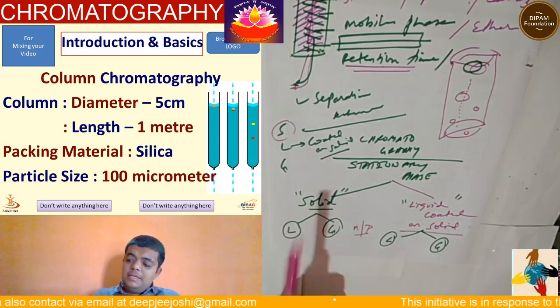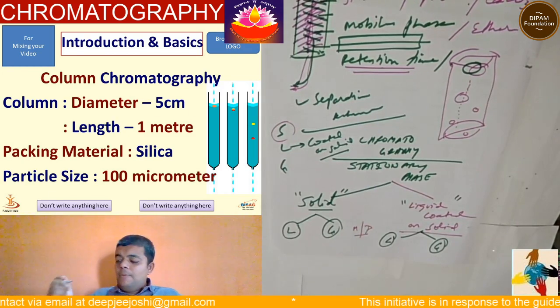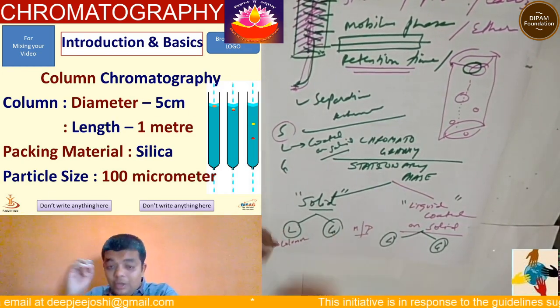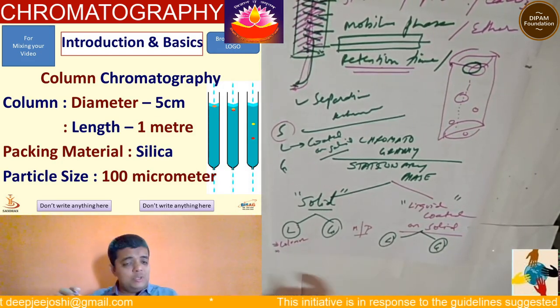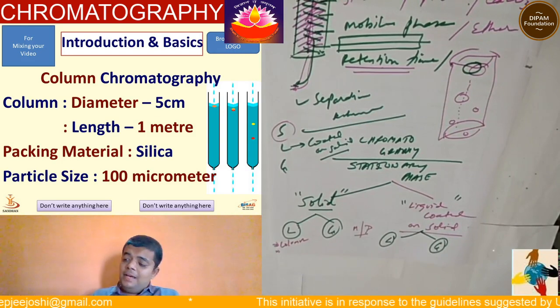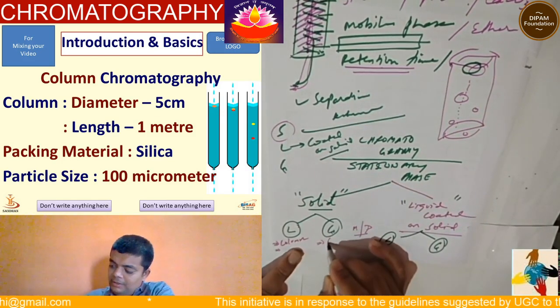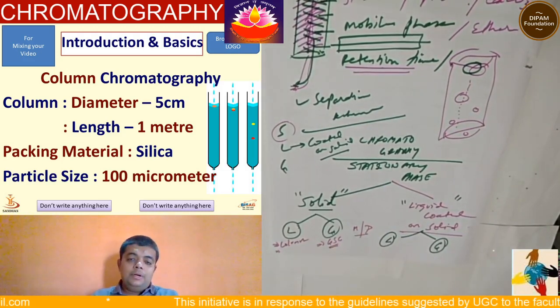If I have a solid as a stationary phase and liquid as a mobile phase, I would always remember it as column chromatography. We'll come to something else very soon. If I have a solid as a stationary phase and gas as a mobile phase, I will come to gas solid chromatography.